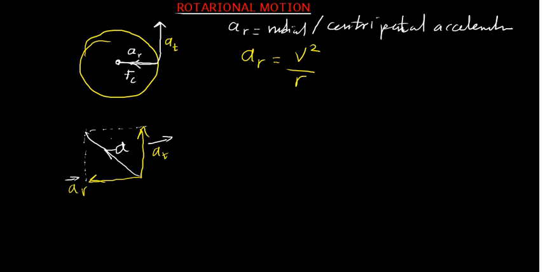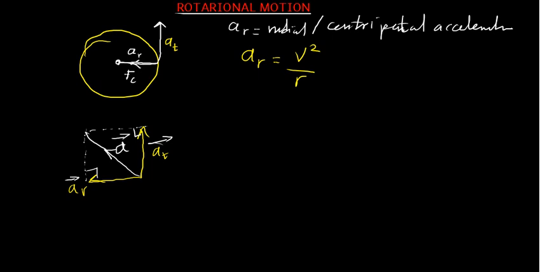This acceleration in that direction, which we call the net acceleration or the total acceleration, is going to be equal to the sum of these two accelerations, so that will be a_t plus a_r. Now we can see a right-angle triangle here.